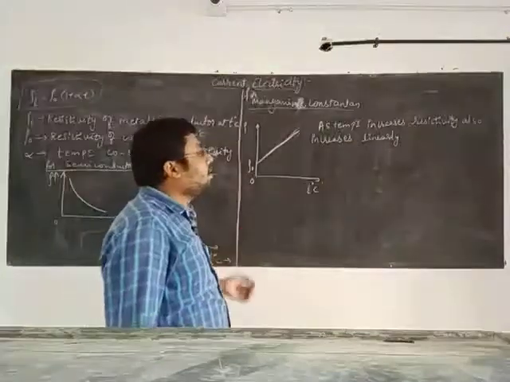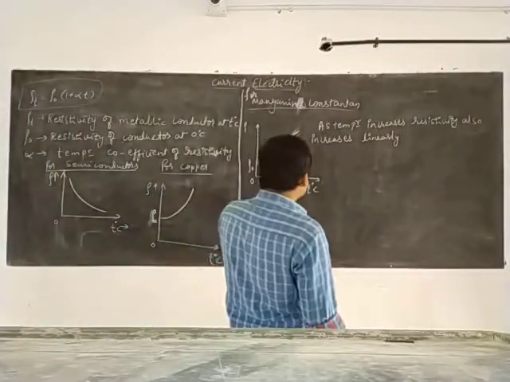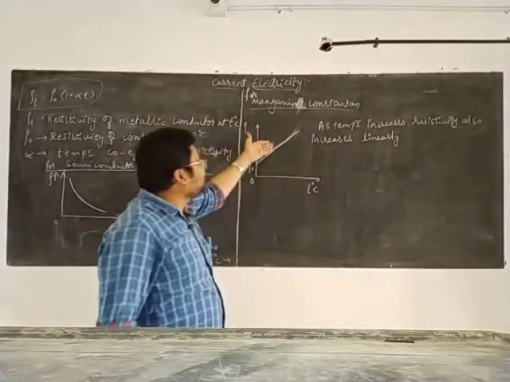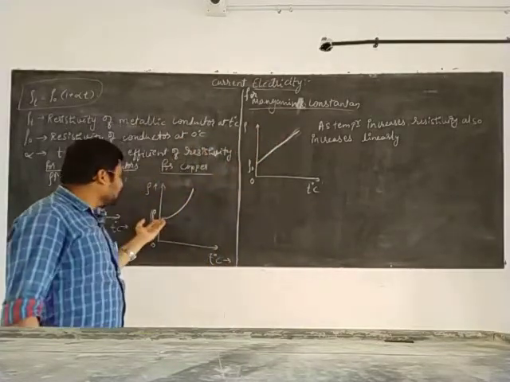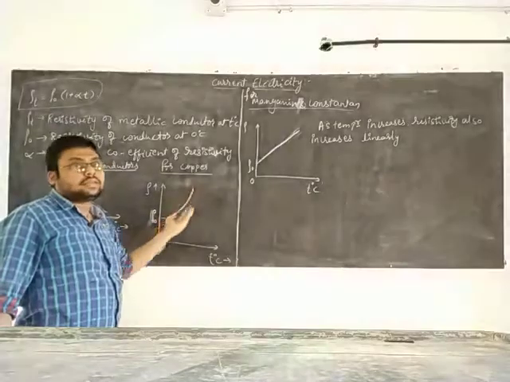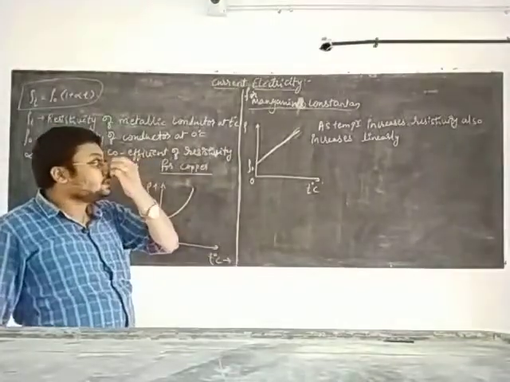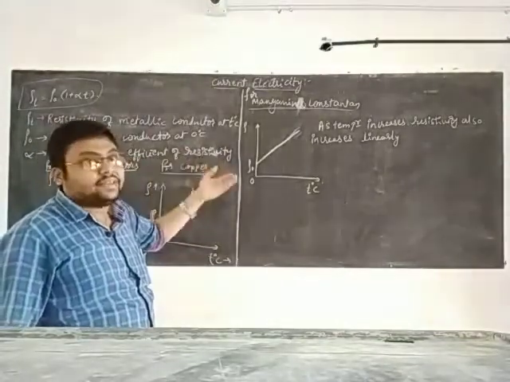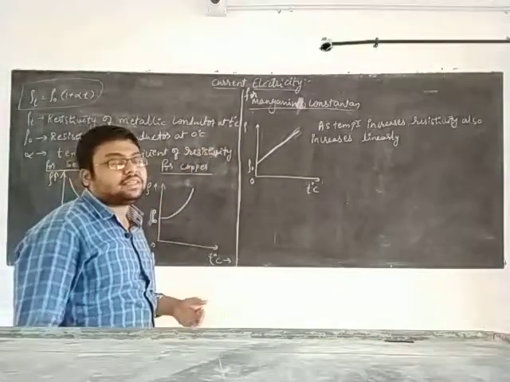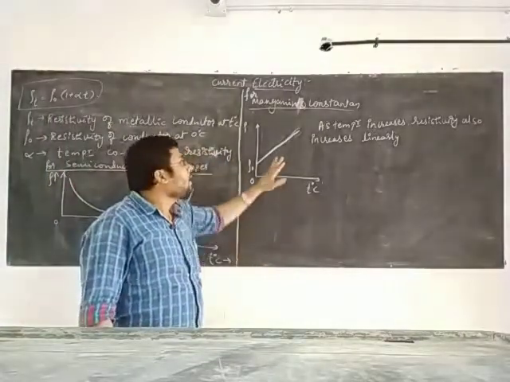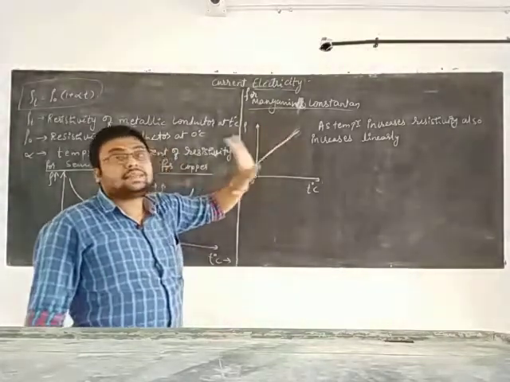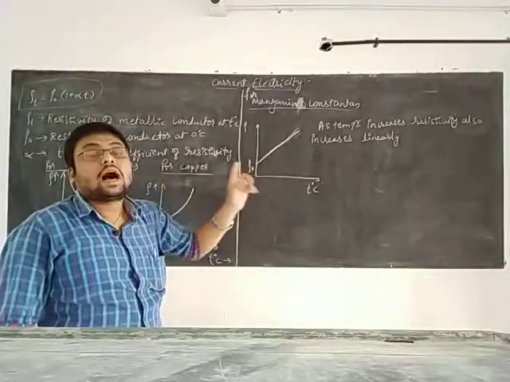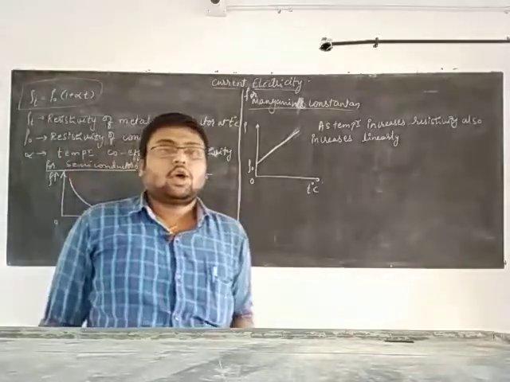Next, why is it so? Here you can see the resistivity rising suddenly and faster with increasing temperature, but here the resistivity is increasing linearly with increasing temperature. Why? Because the temperature coefficient of resistivity for manganese and constantan is very low. The alpha value is very low.